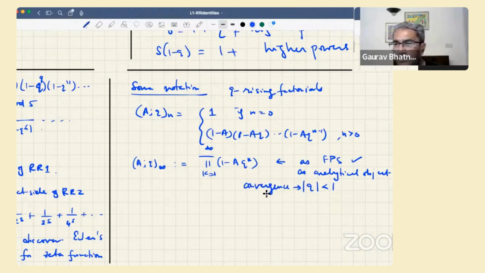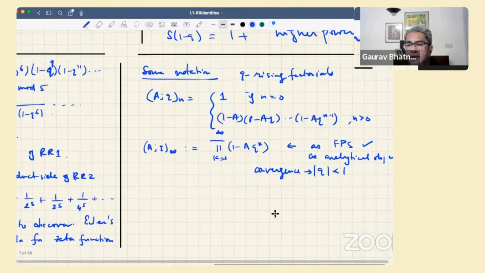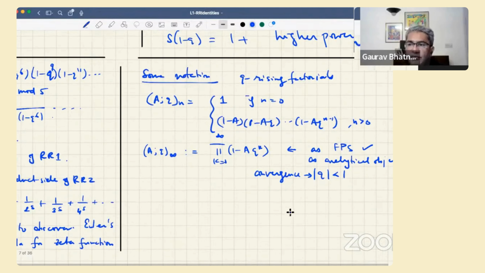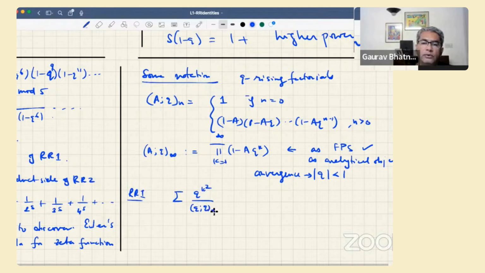Infinite products are not covered in undergrad, so pending agenda, we will cover infinite products so that you become familiar with these.